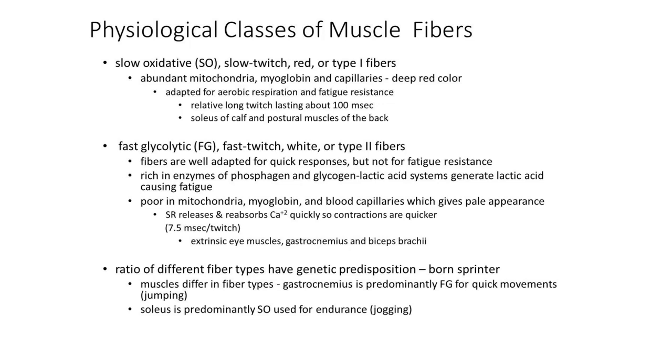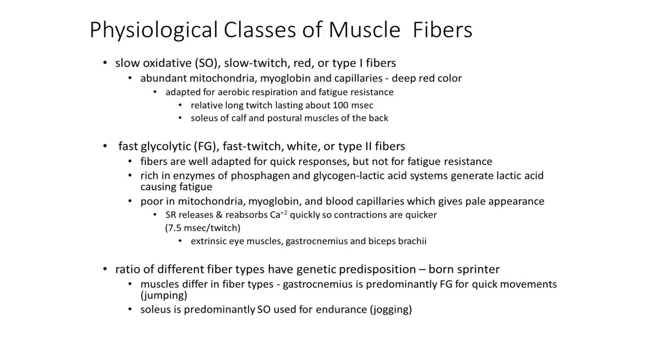Physiological classes of muscle fibers. We have slow oxidative, slow twitch, red, or type 1 fibers. These have abundant mitochondria, myoglobin, and capillaries. They are a deep red color.